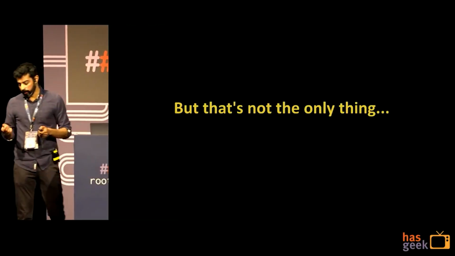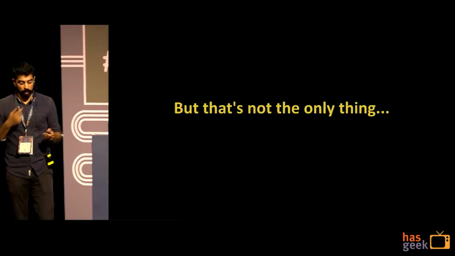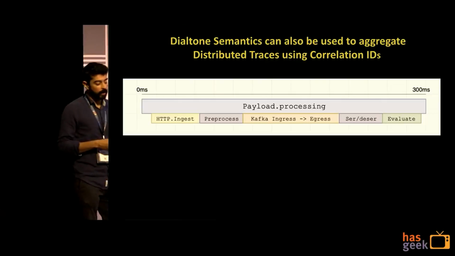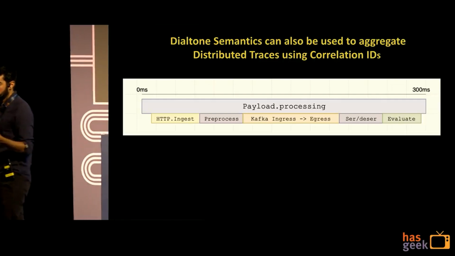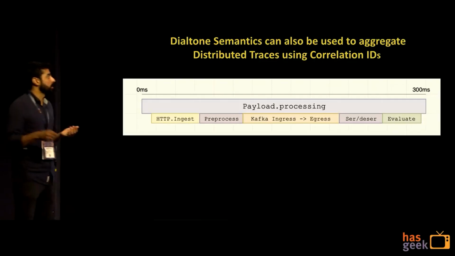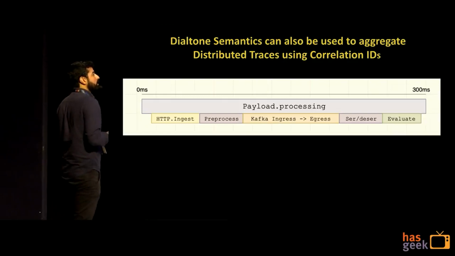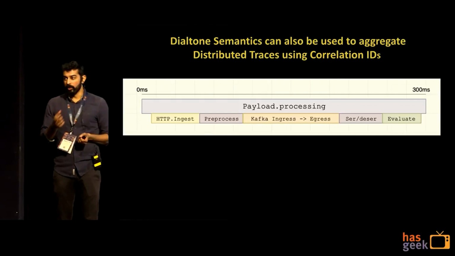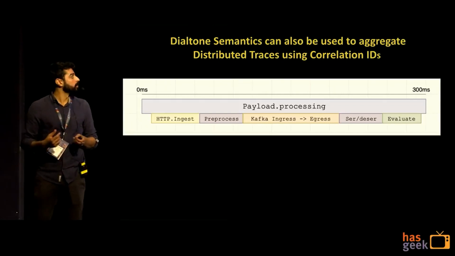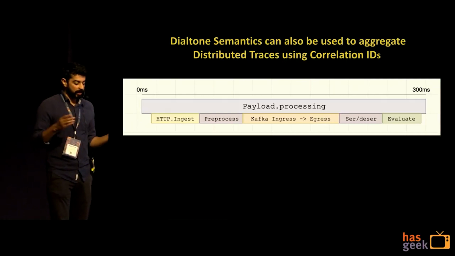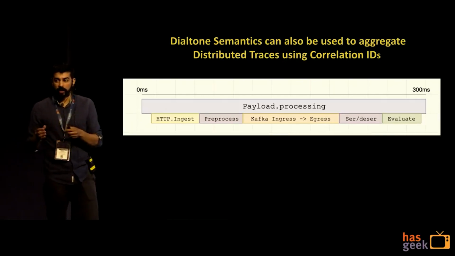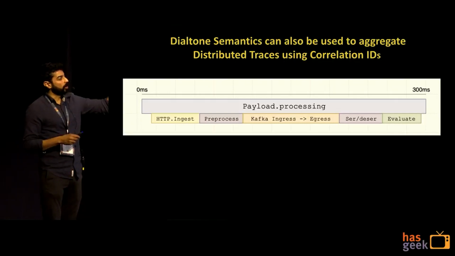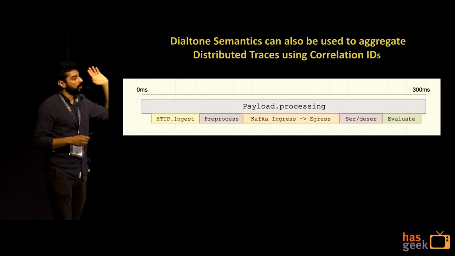But that's not the only thing that this setup gave us. Because we actually had this precedent of submitting data for distinct requests and measuring it in various parts of our system, we could use the same semantics to generate distributed traces by attaching individual IDs to each request that went through the system. So now, as opposed to having to look at each piece of lag independently, we could generate these cool visualizations that broke down the path of processing a payload between the various steps involved.